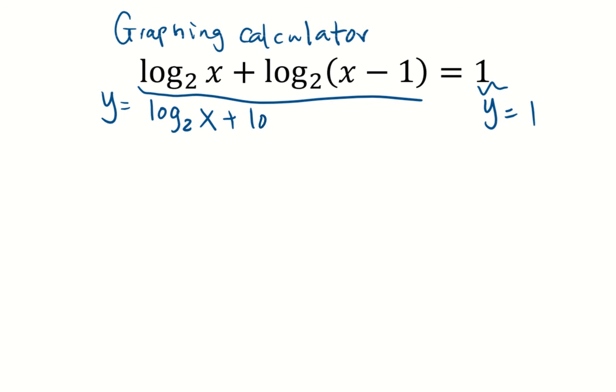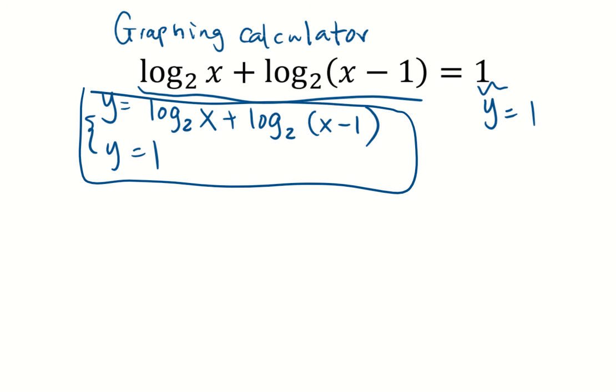The first function is y equals log base 2 of x plus log base 2 of x minus 1, and the second equation is y equals 1. We're going to graph this system on a graphing calculator, and wherever the two graphs intersect will be our solution or solutions, depending on how many points the two graphs intersect.